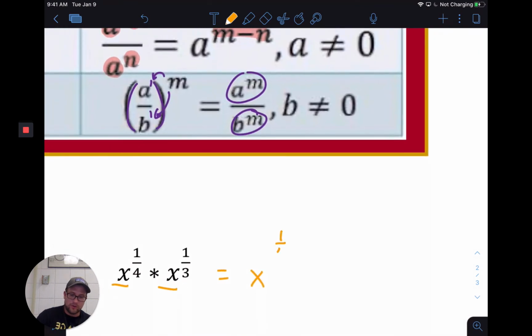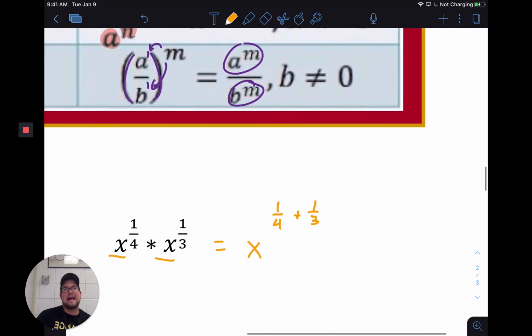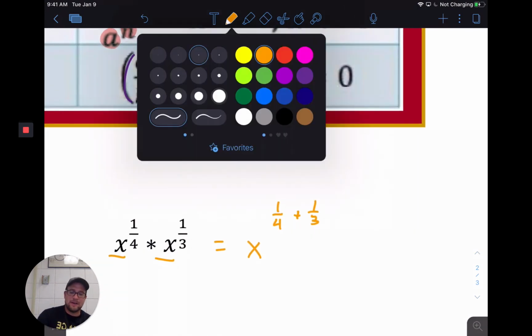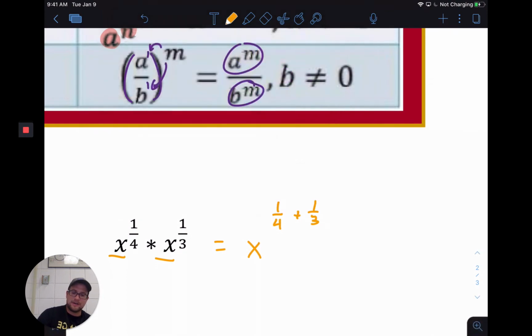So 1/4 plus 1/3. Now in order to add fractions together, you need to get a common denominator. Our common denominator will be 12, so I would need to multiply this by 3 and by 3, and this by 4 and by 4 to get that common denominator of 12.